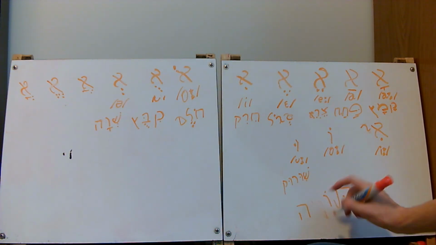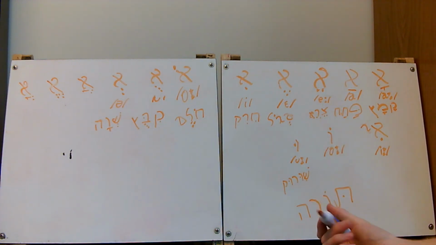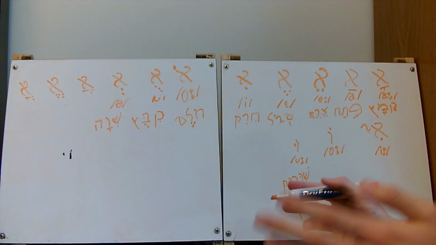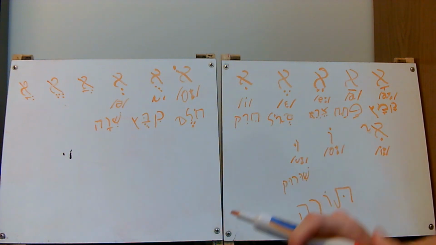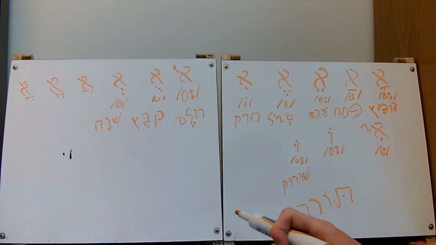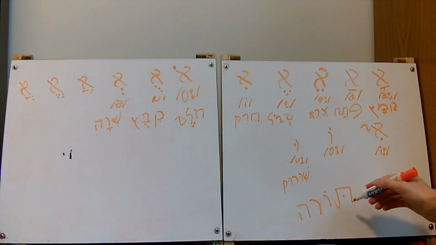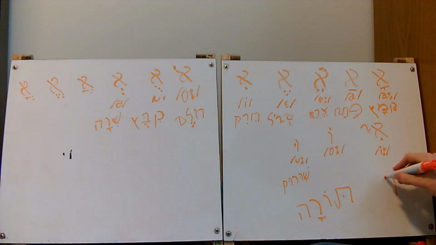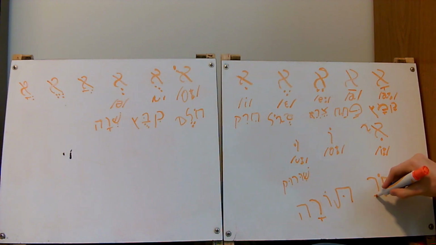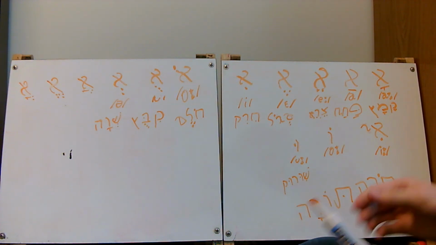You might recognize it as Torah, which generally is translated as law, but I think teaching is, like, law is not a bad translation of it. I just think that teaching encompasses more of the idea. So, Torah is spelled like this, but sometimes you will see it spelled like this. It's spelled defectively. Its vowel letter is missing.